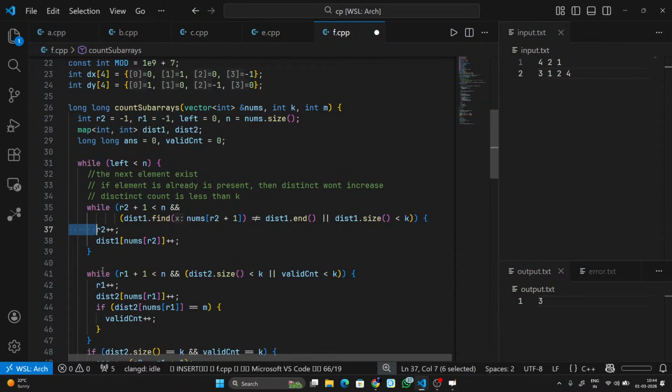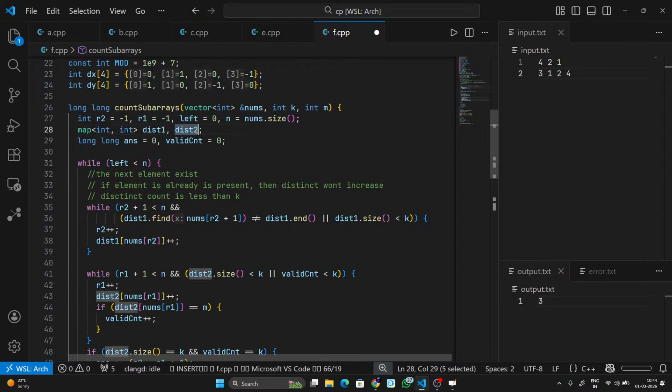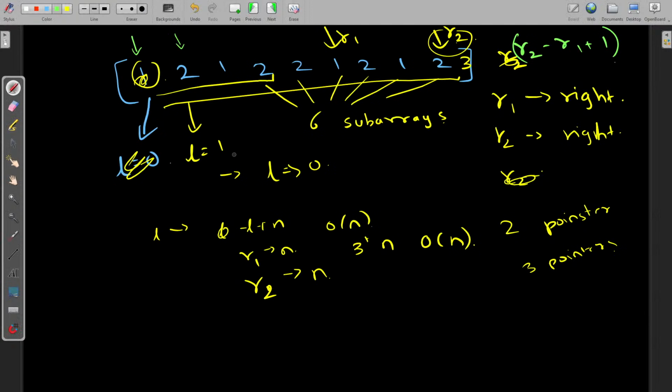So with this, we have found our R2 pointer. And for that, we have used a map of int comma int. In this solution, we have actually used two maps. In a normal distinct number of elements in a range, we use a single map. But since we have two distinct ranges which we have to maintain, the first range starts from L and ends at R1, and the second range starts from L and ends at R2.